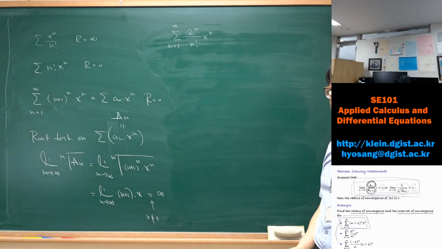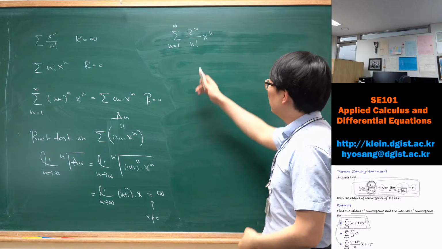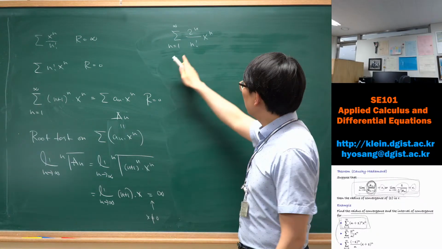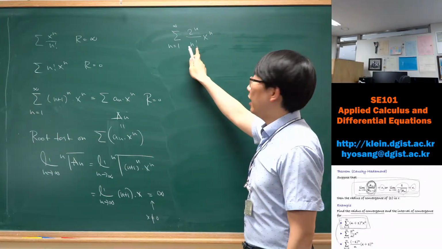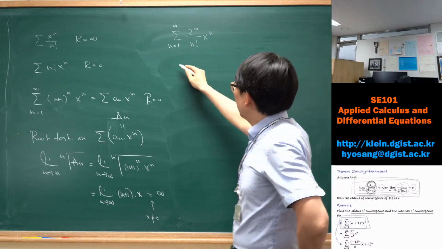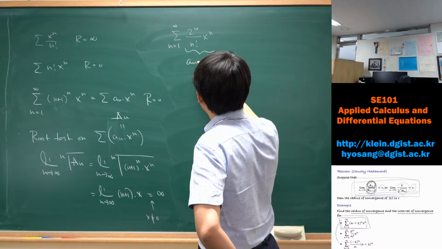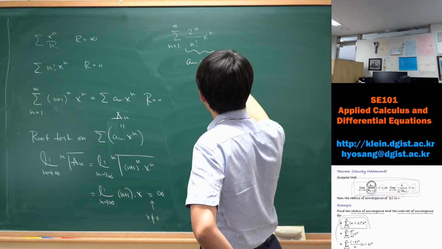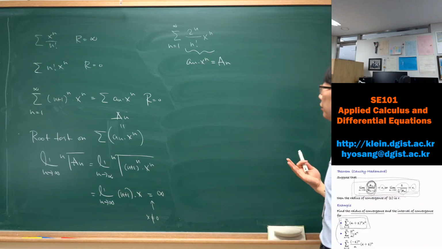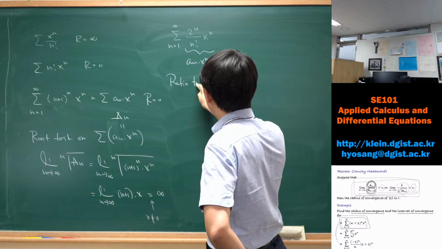Now, in this case, it's easier to use the ratio test because the root test results in nth root of n factorial, which is impossible to compute. So therefore, we take the entire thing as an times x to the n, equal to an, and use the ratio test.